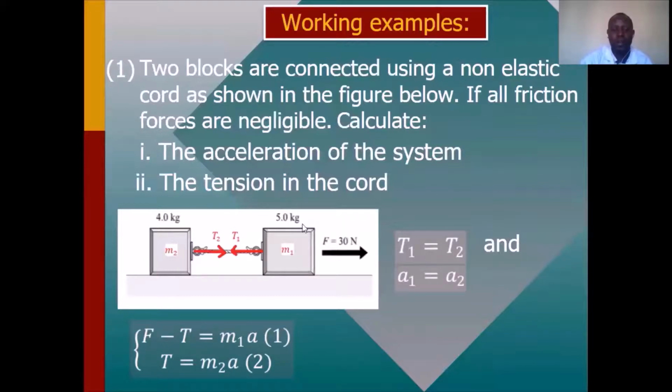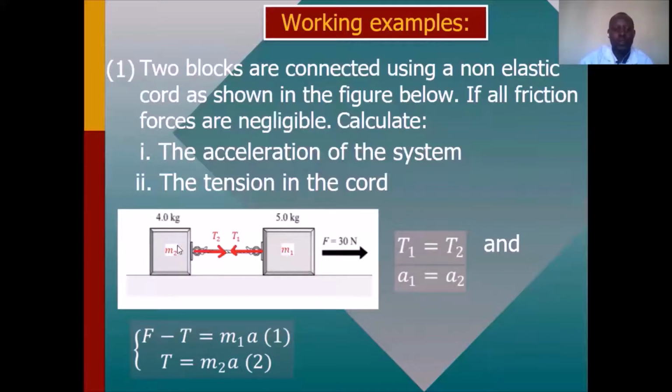Because on this mass, we have only 2 forces: the force F, which is positive because it is in the direction of motion, and the tension, which is negative because it is opposing motion. That is the first equation.